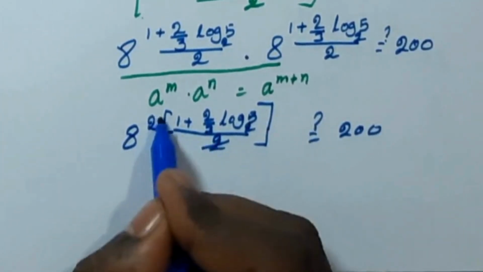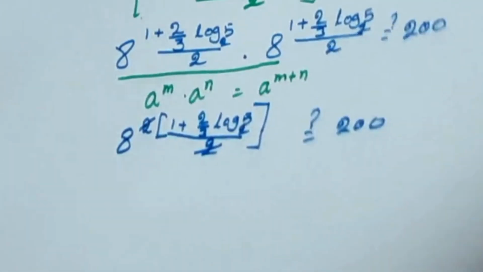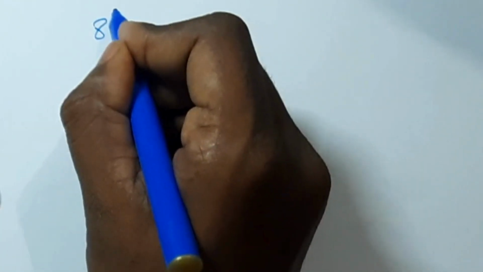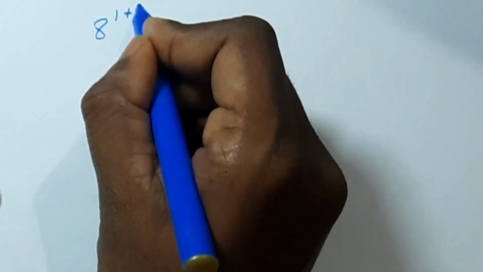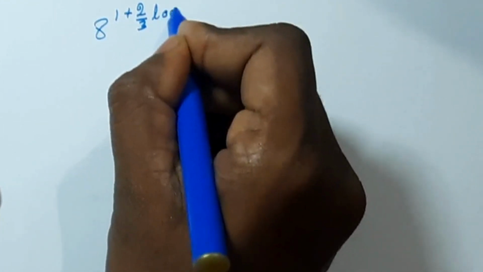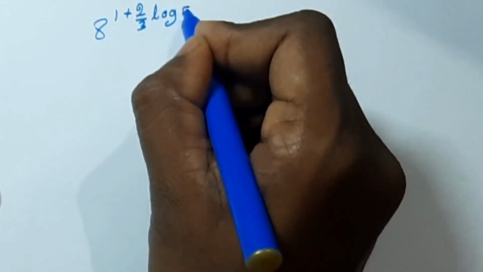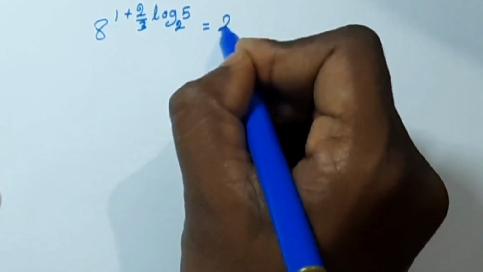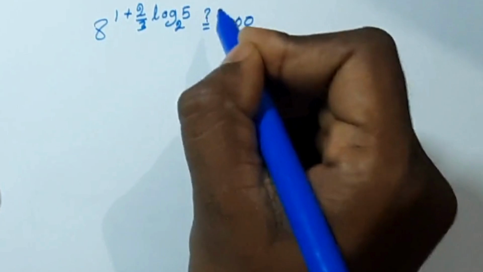This 2 and this 2 cancel each other. So we have 8^(1 + (2/3) log 5 base 2) = 200.